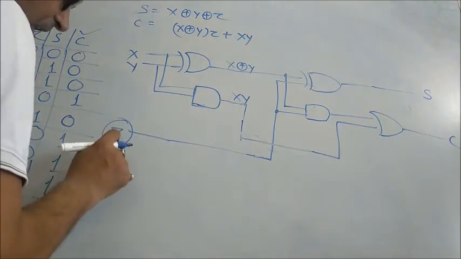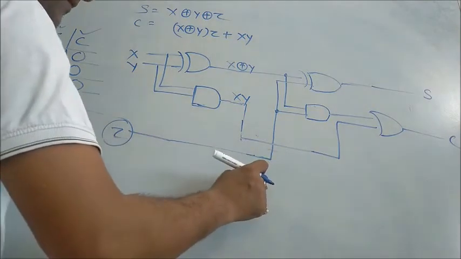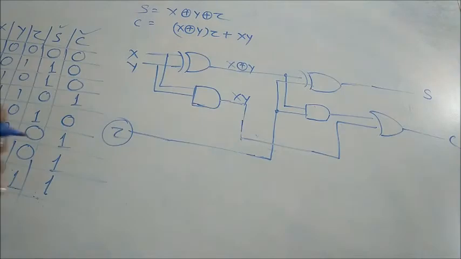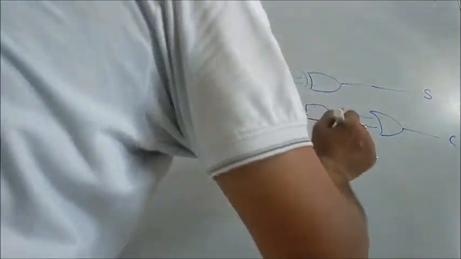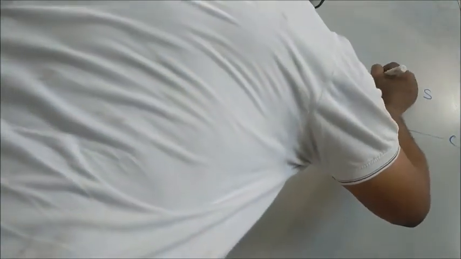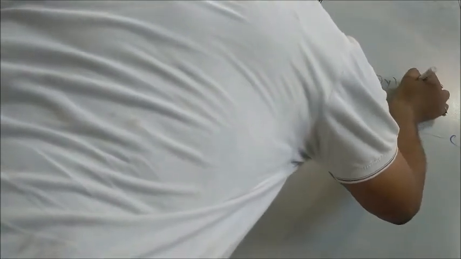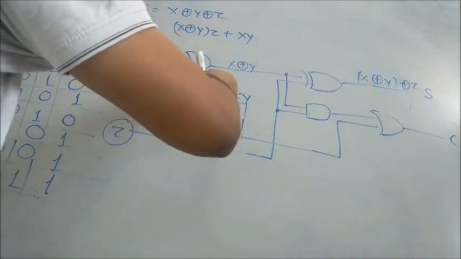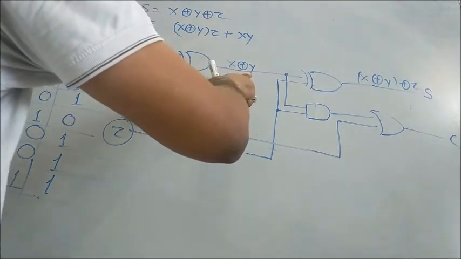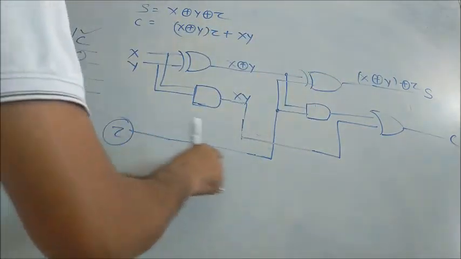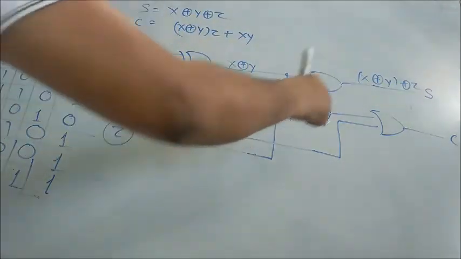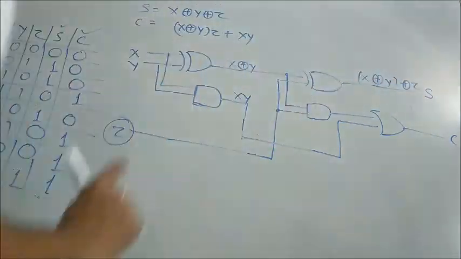Now Z will be introduced in such a way that if Z is included, then the final sum will be X XOR Y XOR Z. Is it right or wrong? From here I will get X XOR Y as an output, and from Z, I will get XORing Z. So finally I will get X XOR Y XOR Z.